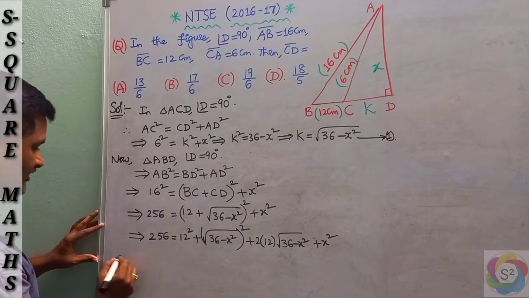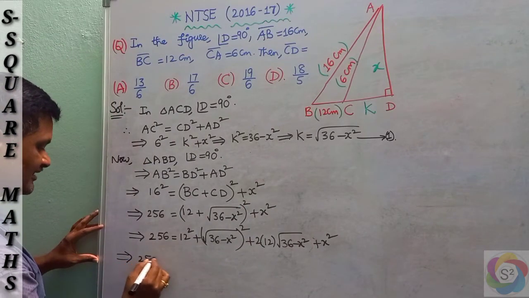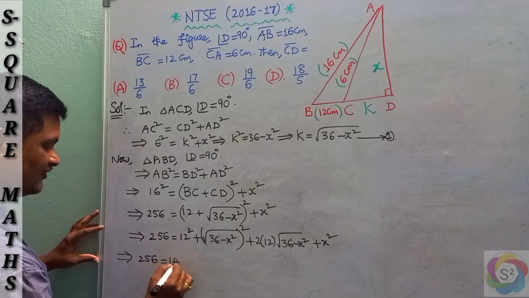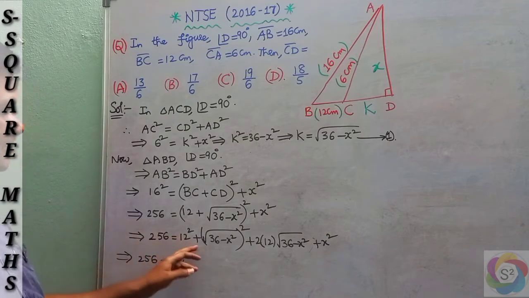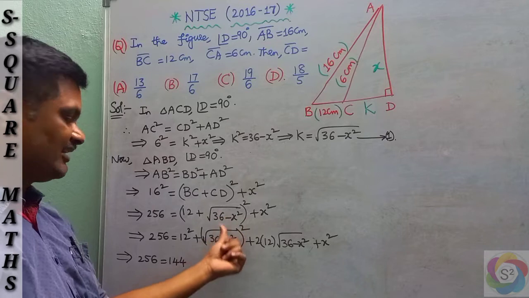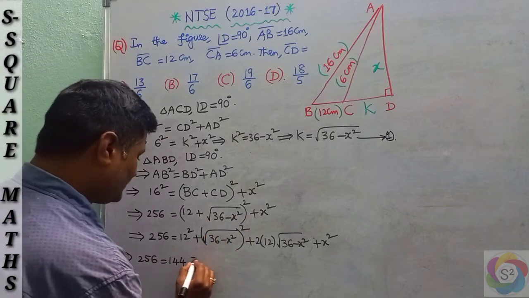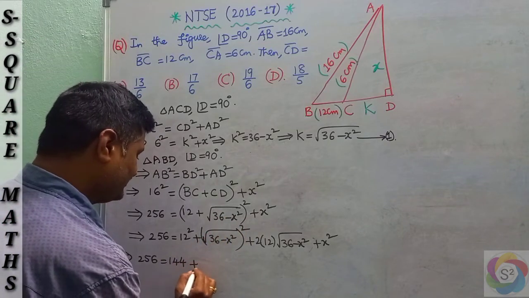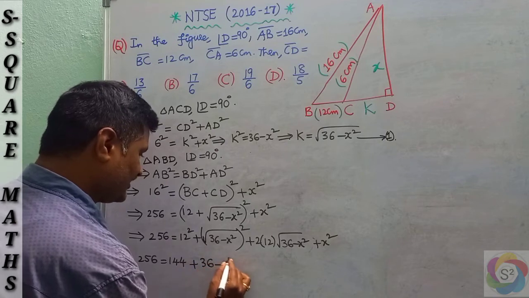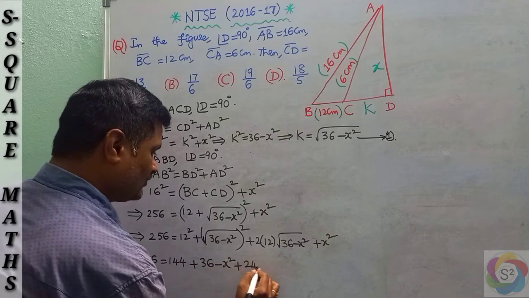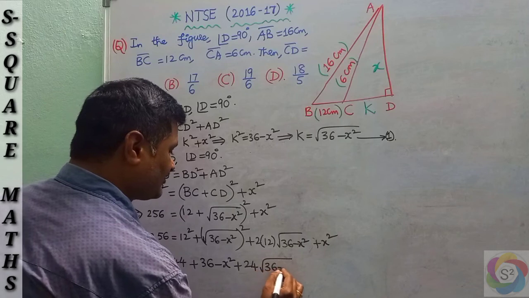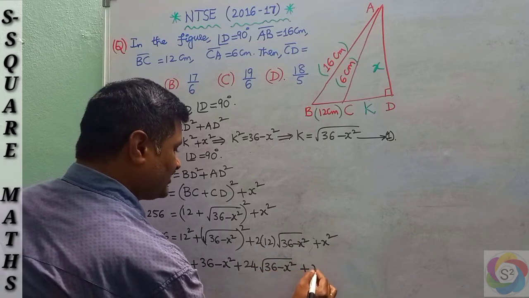Now 256 is equal to 144, since 12 square is 12 into 12, plus 36 minus X square, as the square and root get cancelled, plus 24 into root of 36 minus X square plus X square.